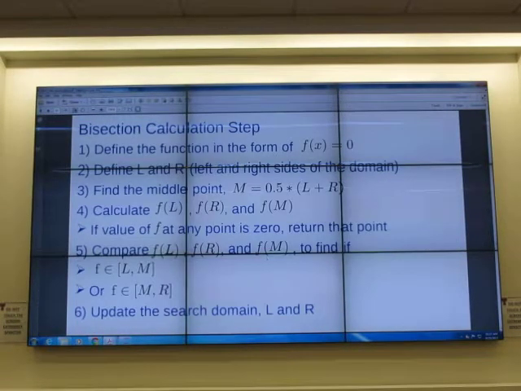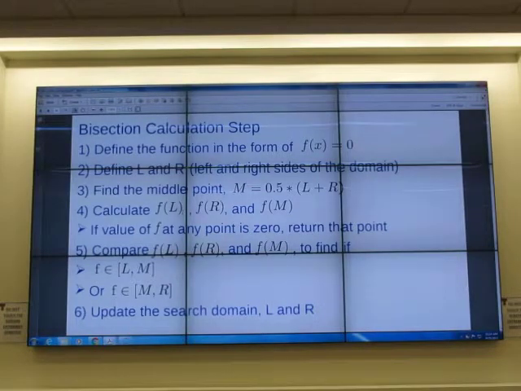How do we find whether the answer is on the left side or the right side? First, we define what we try to solve: f(x) = 0. We define the left side and right side, L and R. Then we find the middle point, (L + R) divided by 2. Next, we find the function values FL, FR, and FM.